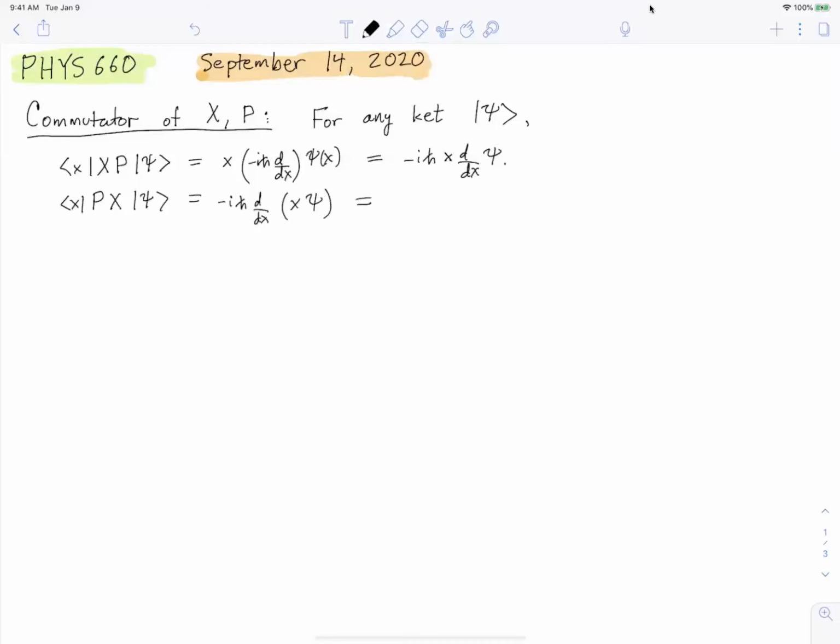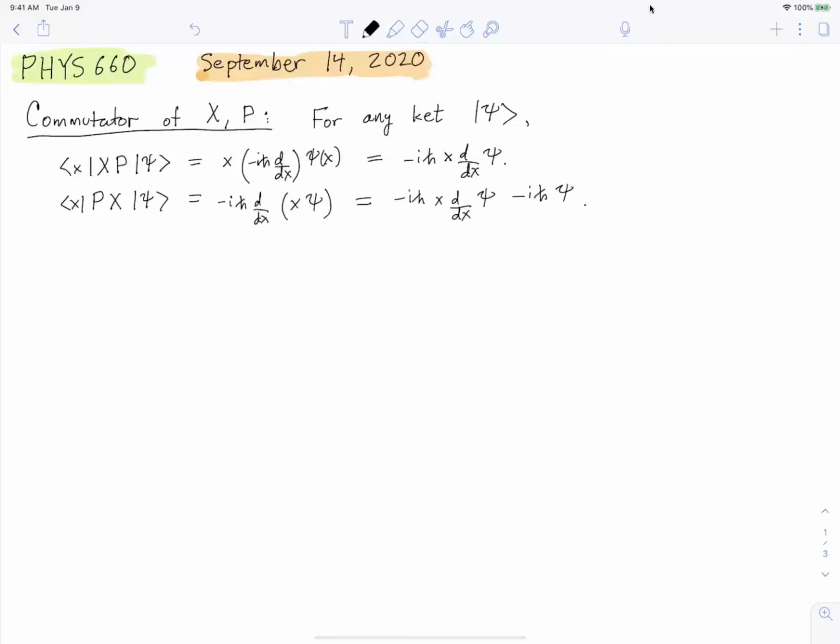Now we can use the product rule for derivatives to write this as minus i h bar x d by dx of psi, but an extra term occurs, minus i h bar times psi itself. The psi without the angle brackets, remember, is the wave function. It's a distinct thing. It's a function of x. It's distinct from the ket psi, which is just an abstract representation of it on the Hilbert space.